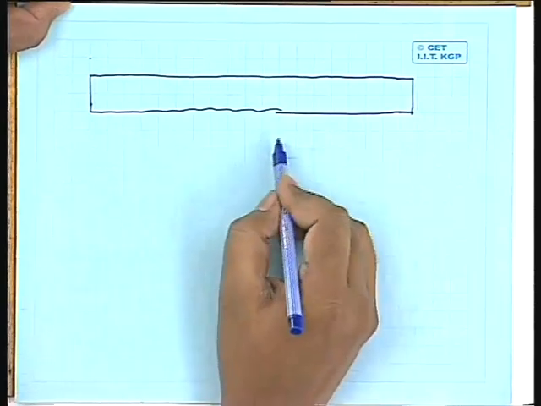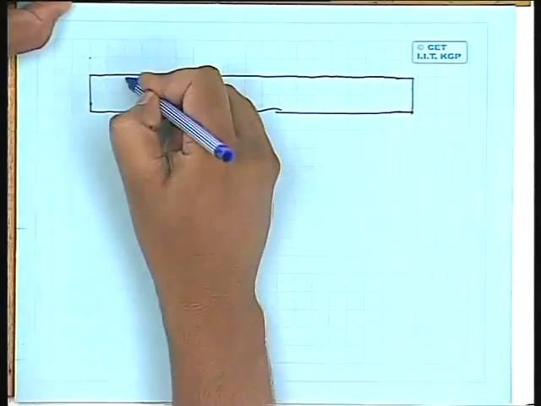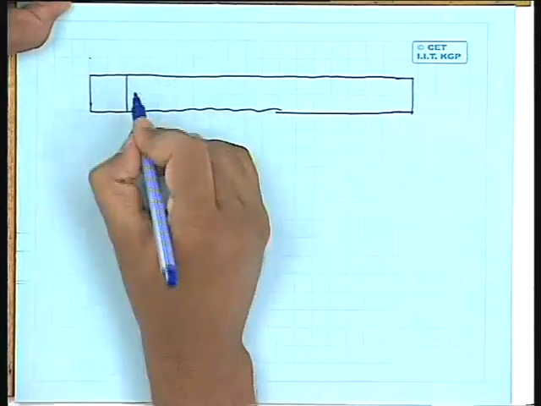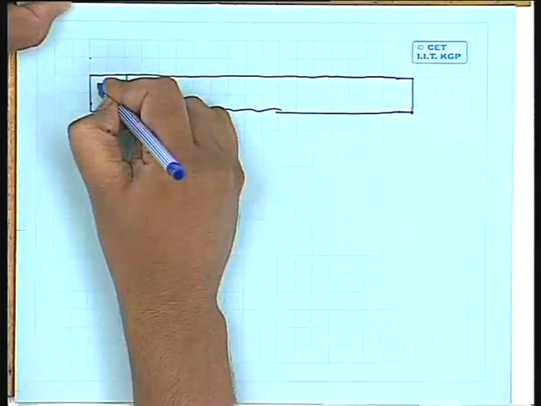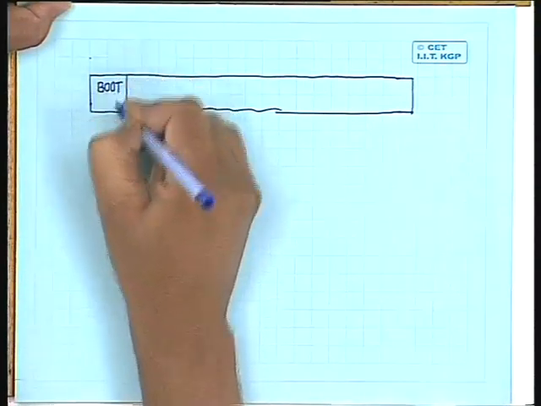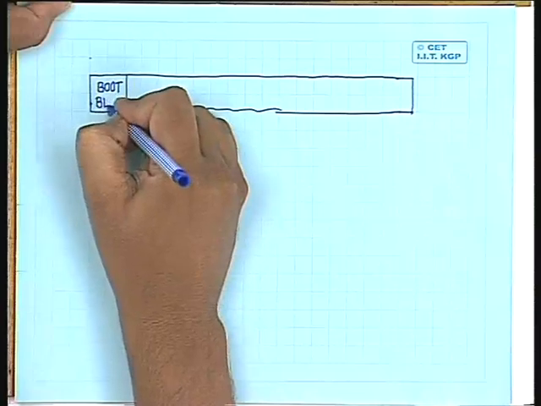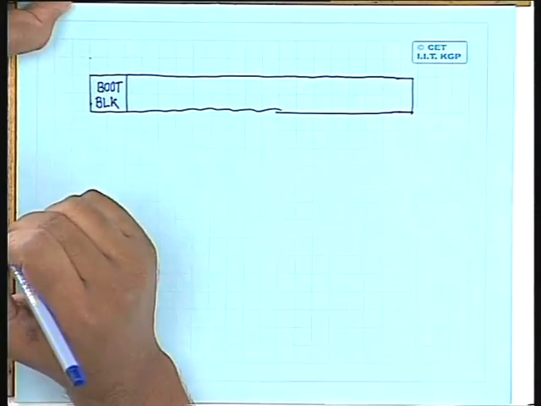Okay. A few of these blocks are special blocks. For example, the 0th block, or say the first few blocks starting from the 0th block, are known as boot blocks. These boot blocks contain the boot program.